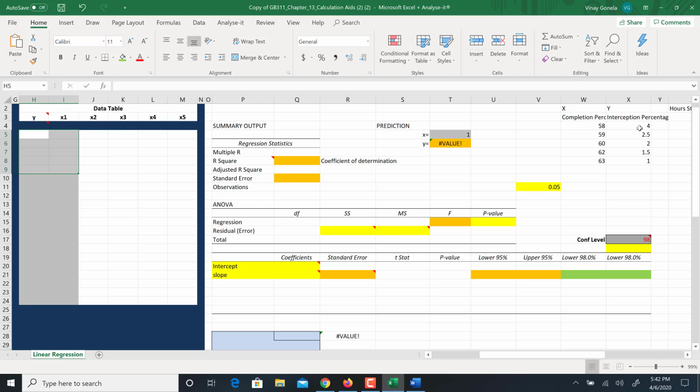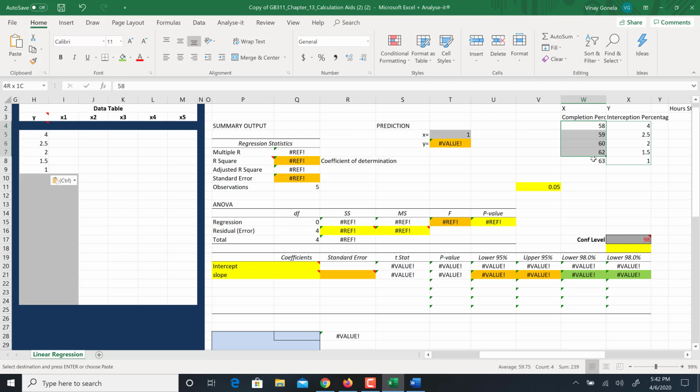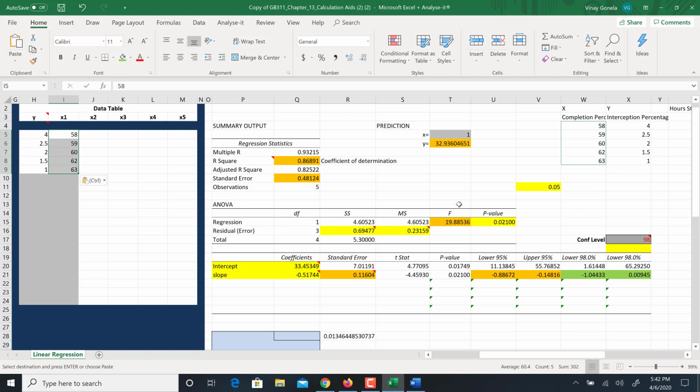So I will copy this and paste it here, and then copy this, paste it here. Okay, so we got all the values.